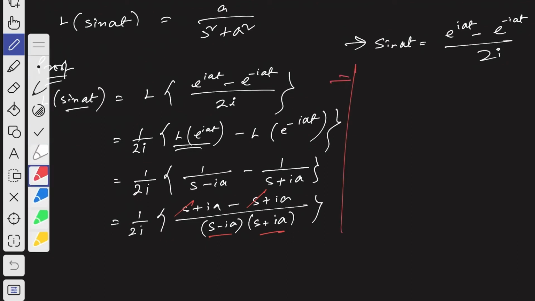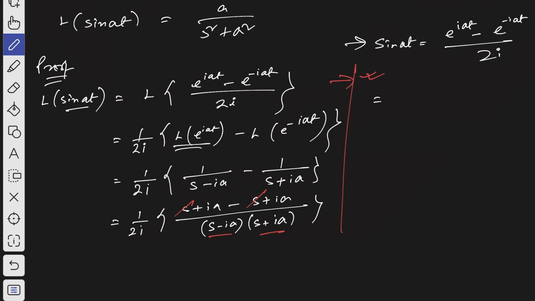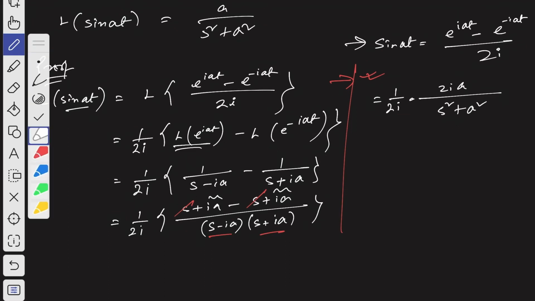So let me continue on this side. Then what you will get is 1 by twice i times twice ia by s square plus a square.